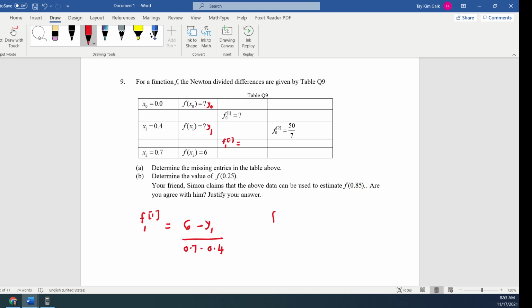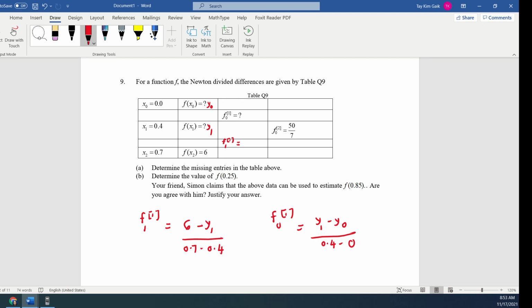And then f0 level 1. Level 1 is like you calculate the slope, y1 minus y0 divided by 0.4 minus 0. We don't know y1, we don't know y0.